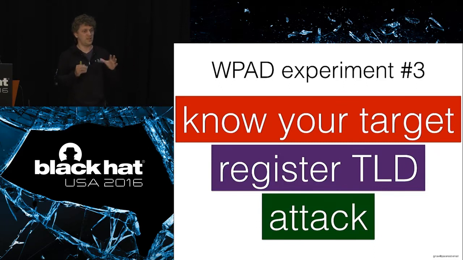For example, I gave you the example of trendmicro, a top level DNS suffix. In the case of Trend Micro, this domain name is already owned by the company, and wpad.trendnet.org is owned by the company, so it's not a big deal. But if a company uses some kind of name as a top level DNS suffix, then you can really predict that and possibly attack.